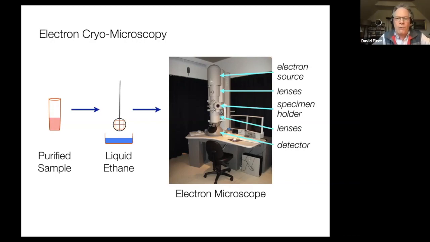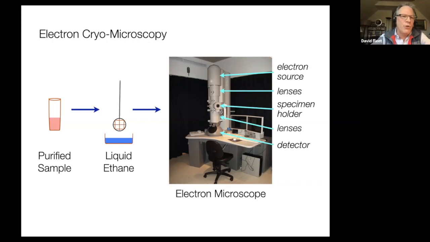X-ray crystallography does work with large particles, but it only works with particles that can be crystallized. So very regular molecular structures. And the problem there is it's well known that only 4 or 5% at most of the proteins in the human body can be crystallized. So most of the proteins that are of interest for drug discovery, for example, cannot be crystallized, and so they're outside the scope of X-ray crystallography.